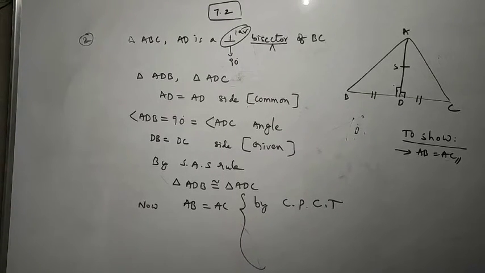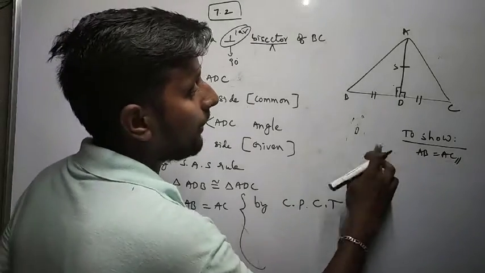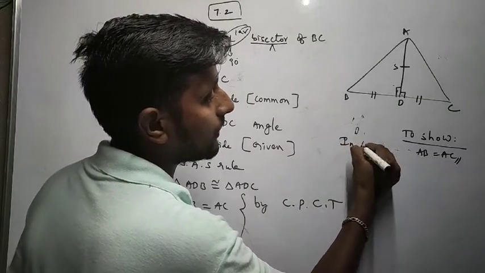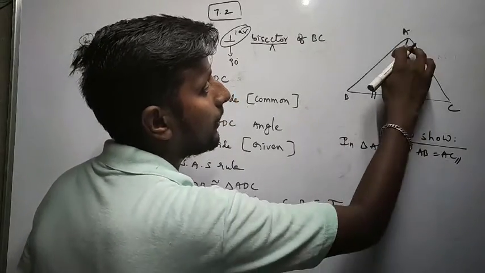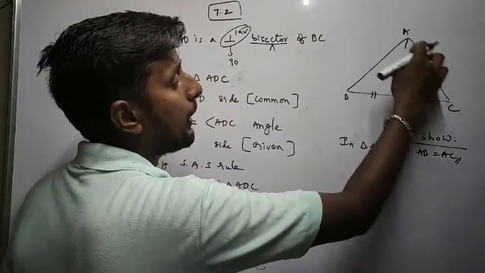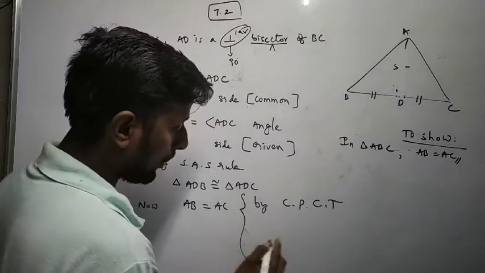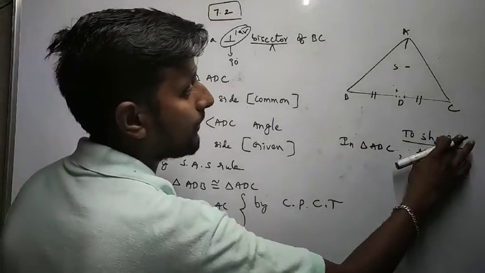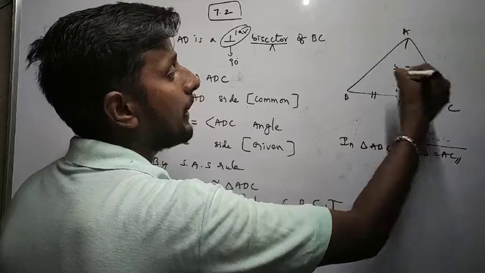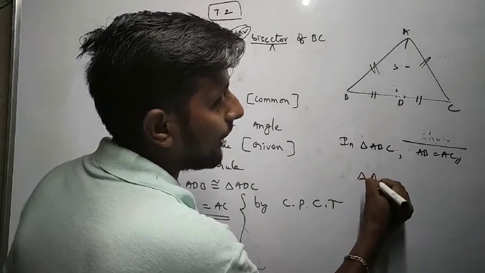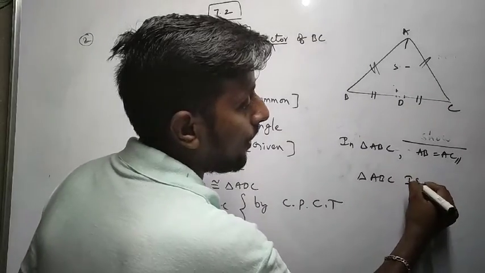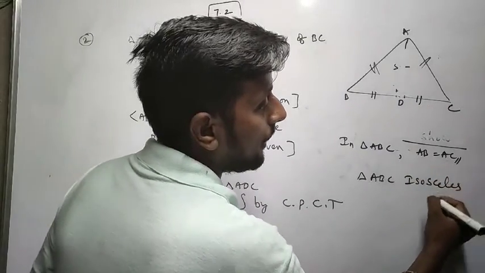Okay, and what I want to say, look at the large triangle. The ABC is the overall triangle, correct? If I erase it, now ABC is a triangle. In that we already showed AB is equals to AC. So if you take a triangle, in that two sides of a triangle are equal, this kind of triangle can be called an isosceles triangle.